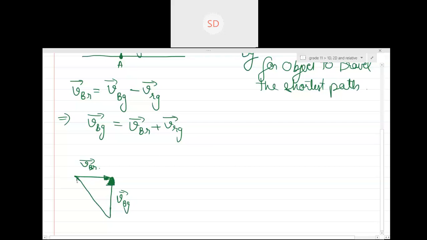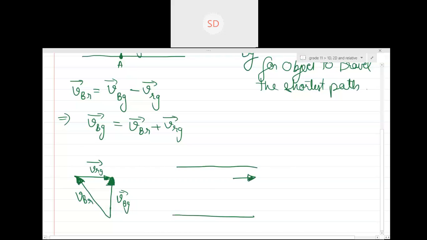So can you see over here, this should be the direction of V, R. Oh, my bad, my bad. This was V, R. Yes or no? The velocity of the river was along this direction.